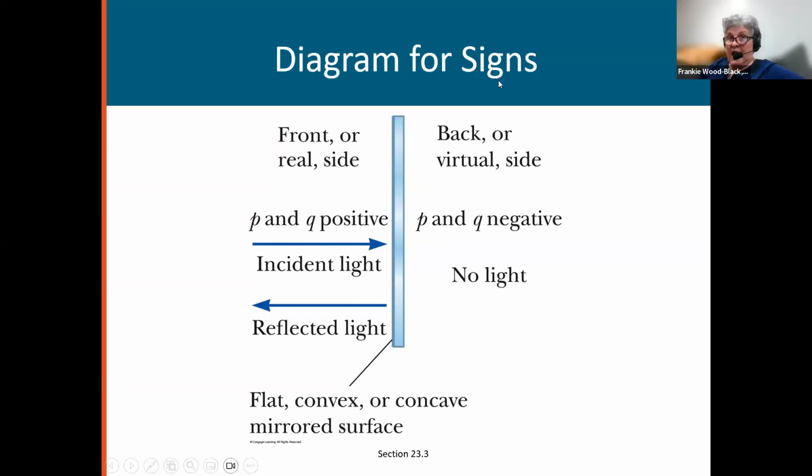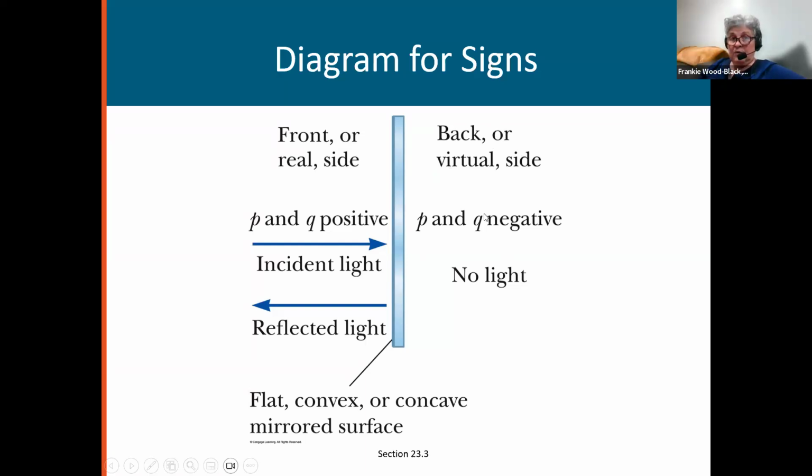So if I have my surface, there's my mirror, if I'm in front or on the real side of the surface, P and Q are going to be positive. If I am on the virtual side, or behind the mirror, we're going to use a negative for P and Q. In the case of mirrors, there's no light getting through the mirror.